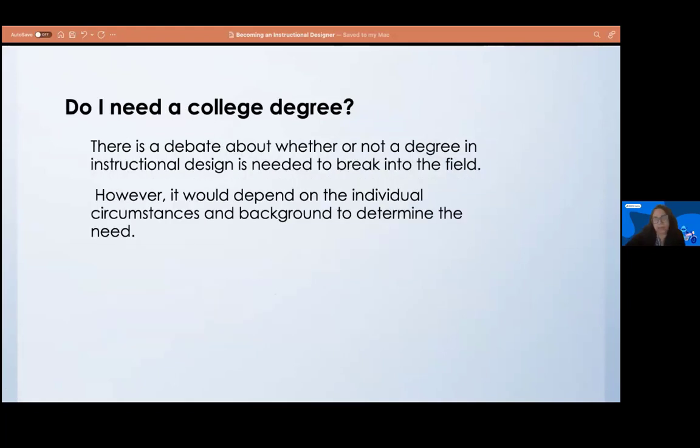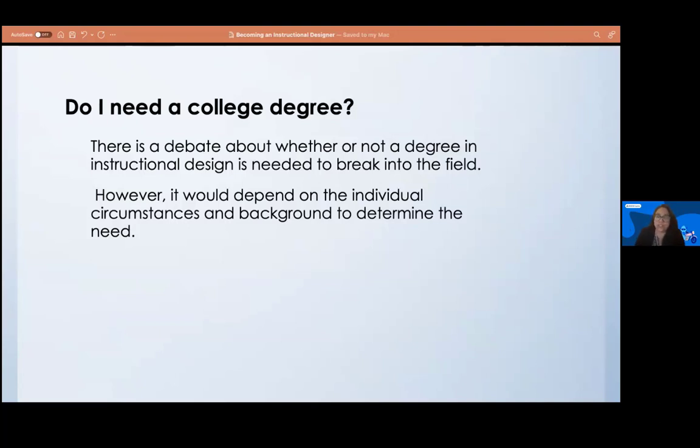This is a big debate. Do you need a college degree to become an instructional designer? Well, it depends on your individual circumstances and your background. And as we will see later on, it will depend on what niche in instructional design you are focusing on. So a college degree will be good if, for example, you want to work for the government.